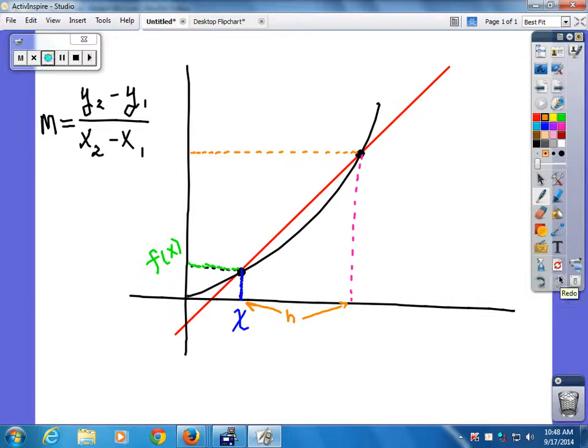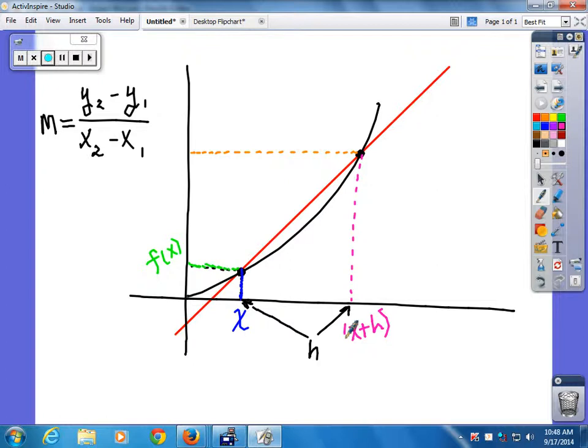Let me change that. That needs to be a different color. I'm just going to change it to black. Then this coordinate right here, the magenta coordinate, is X plus what?